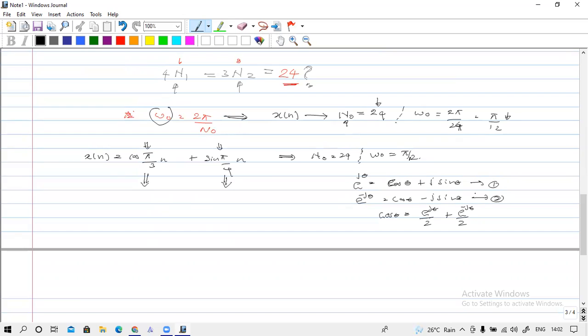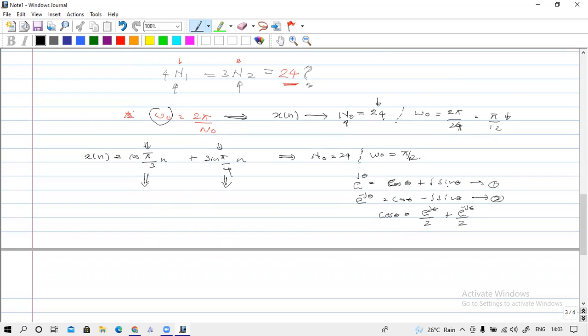In the same manner, if you want to find the sine term, you can subtract the second equation from the first. Then the cos θ cancels out, and you have j sin θ minus minus j sin θ, so you have 2j sin θ, which is the subtraction of these two terms.